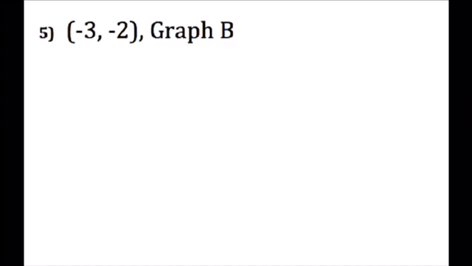Okay, let's do number 5 now. The point is -3, -2, and we're going to write the equation of a line that goes through -3, -2, and is perpendicular to graph B. The slope in graph B is -4.